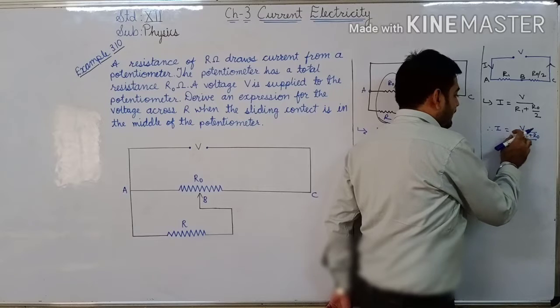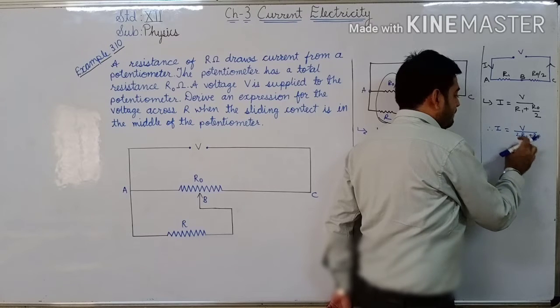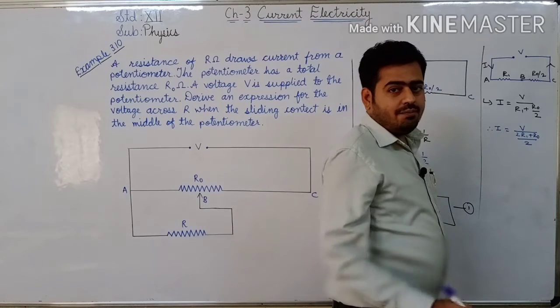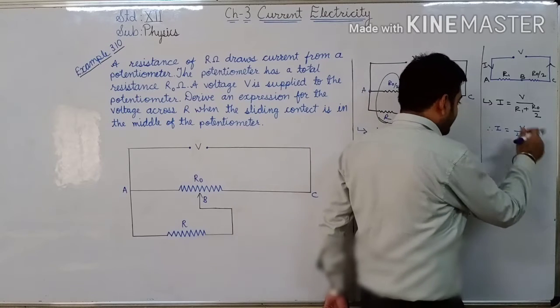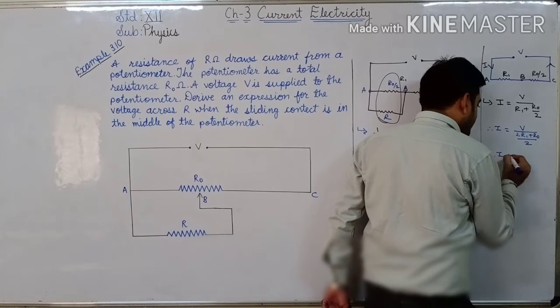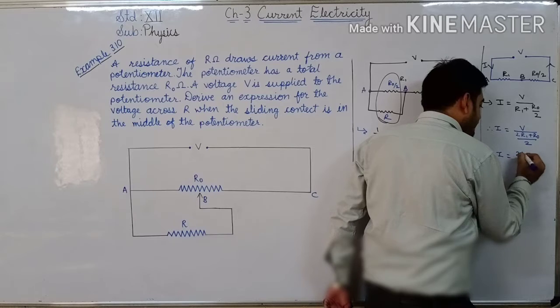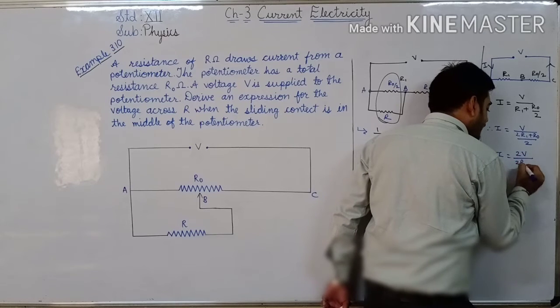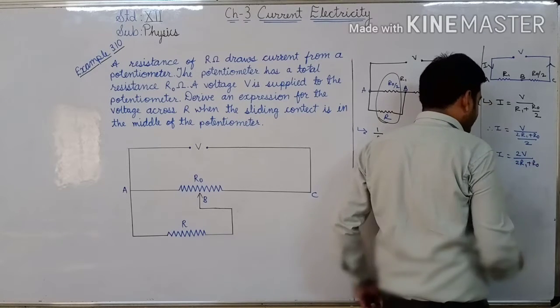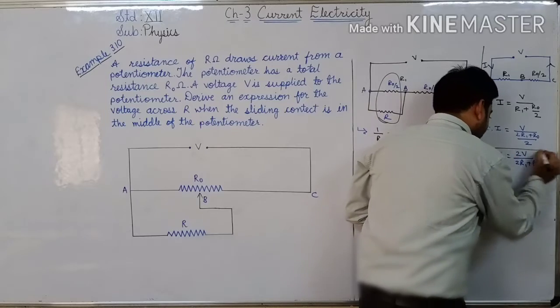I is equal to V upon 2R1 plus R0 by 2. Denominator numerator. Therefore I is equal to 2V upon 2R1 plus R0. This is the value of electric current.